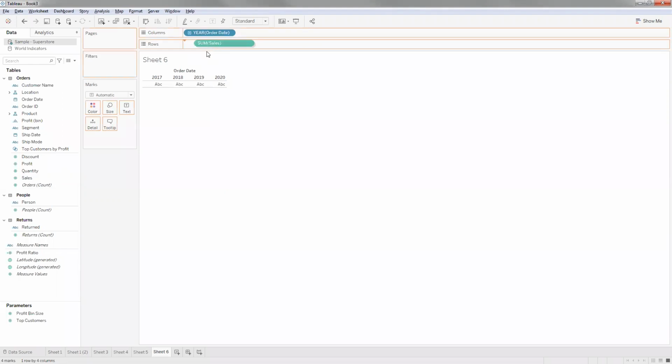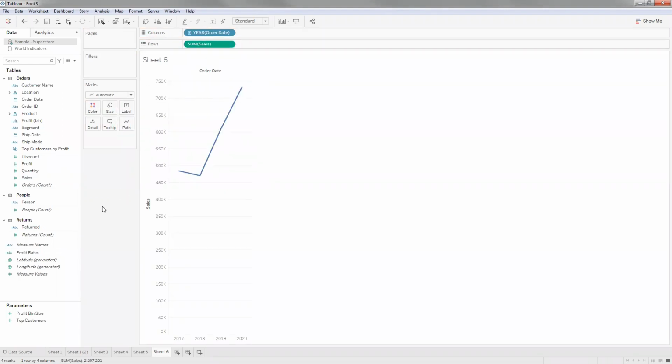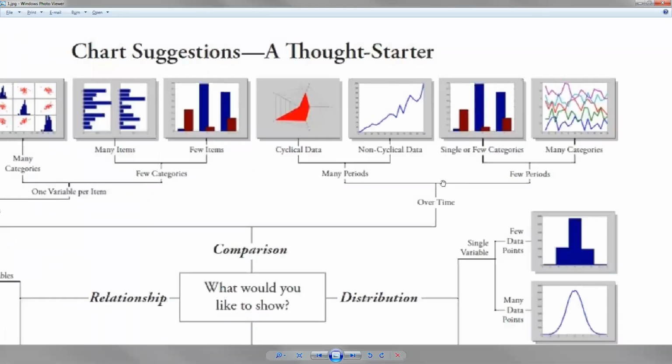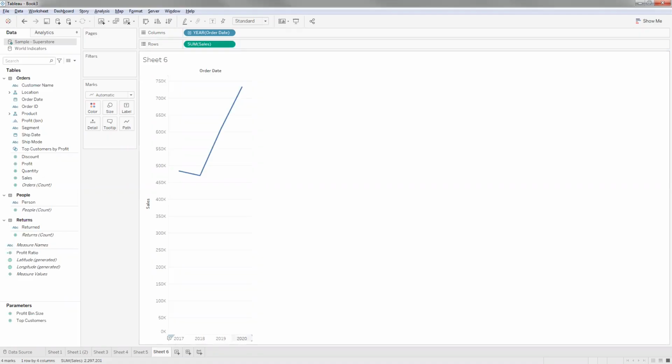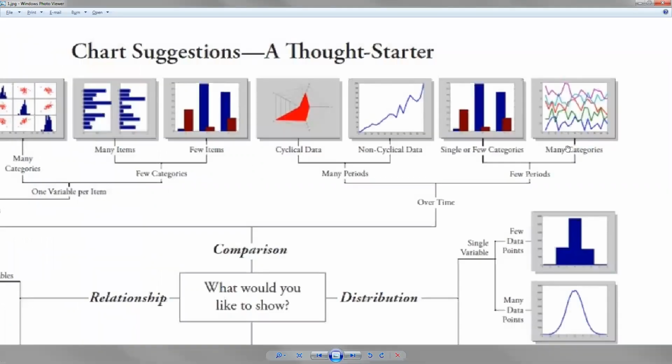So yep, I have sales as a line, and if I go back here to our chart, I can see, okay, over time I got my time period, few periods. So I have less than 4 or 5 data points, since I have the years, I'm just looking at 4 data points. So few periods that satisfies, and many categories.